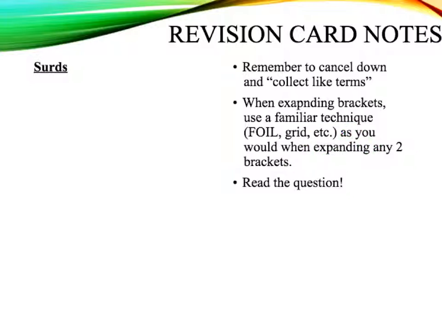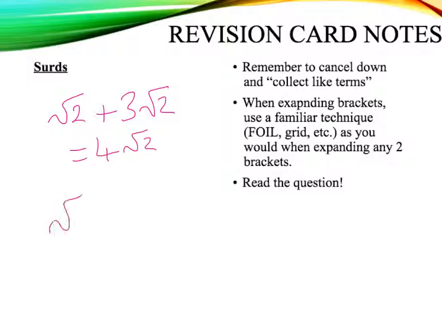Remember when you've cancelled them down to collect your like terms, and by like terms I mean roots that are the same as each other. So root 2 plus 3 root 2 I can collect together to give me 4 root 2. Root 5 plus root 7 is not equal to root 12.